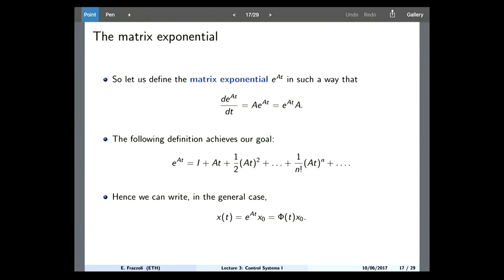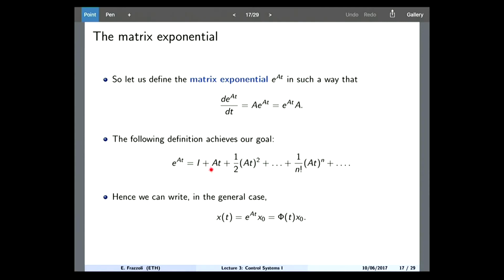Now, what you may want to check is that if you compute the derivative of this, what would be the derivative of the identity matrix? It's just the 0 matrix, right? The derivative of a constant is 0.